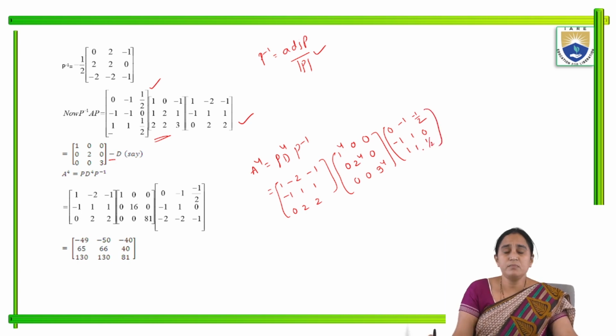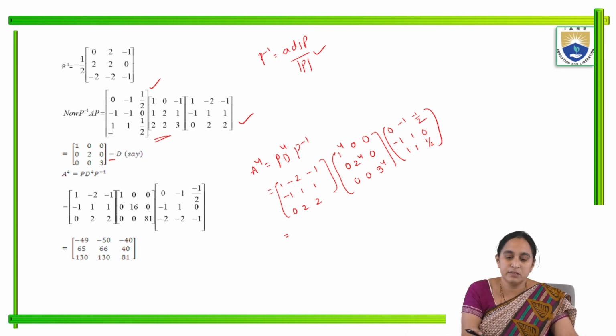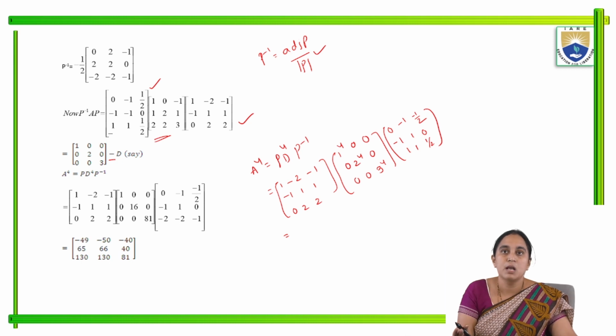Multiply these three. If multiplying three matrices is difficult, then directly multiply with a scientific calculator to get the answer for A power 4. Here the A power 4 answer is -49, -50, -40, 65, 66, 40, 130, 130 and 81.